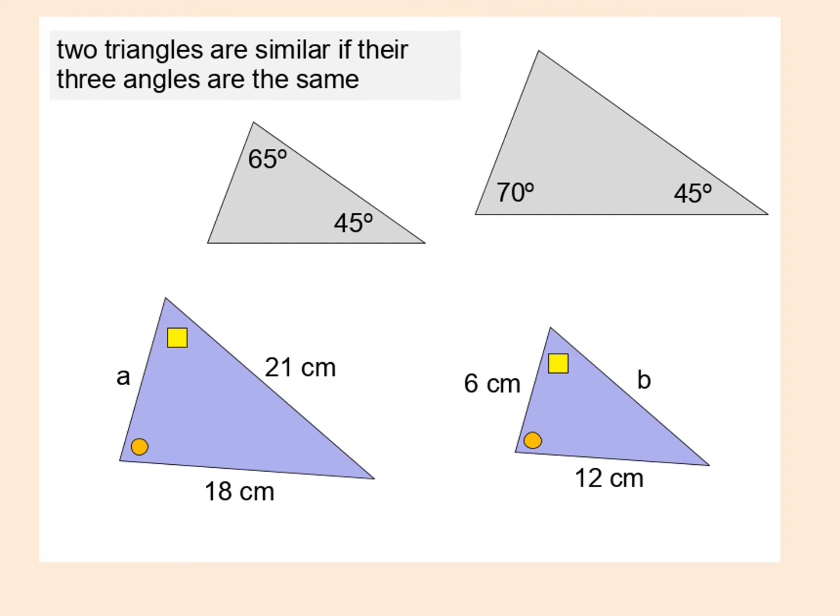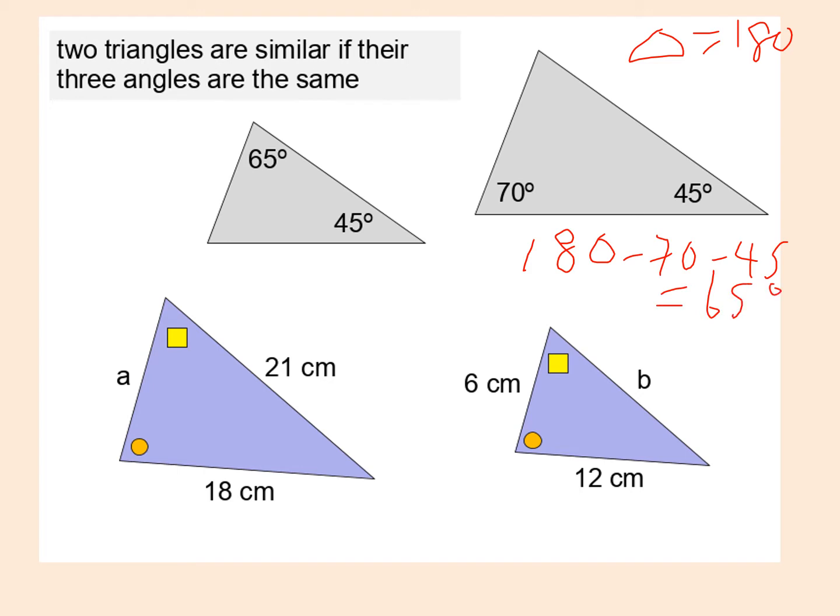Another rule I need to get over to you is that two triangles are similar if the three angles are the same. So we know angles in a triangle add up to 180. So if I do 180 minus 70 minus 45, I'm going to get 65 degrees.